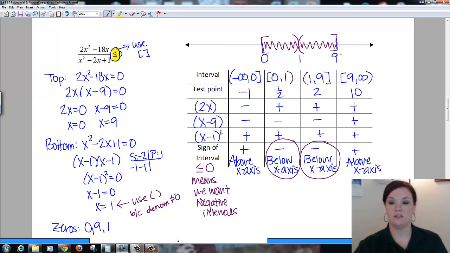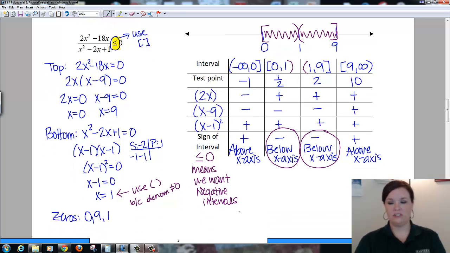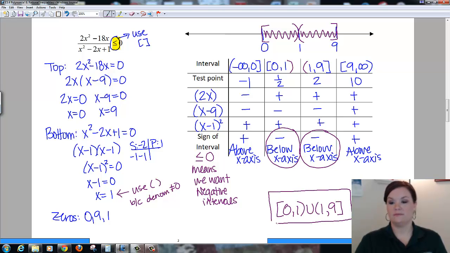So my solution for this one would be from 0 with a bracket to 1 with a parenthesis, and then it picks up again at 1 and goes on out to 9 with a bracket. So even though we shaded across both intervals, we can't include that 1 because that 1 came from the denominator, and we can't have 0 in the denominator.